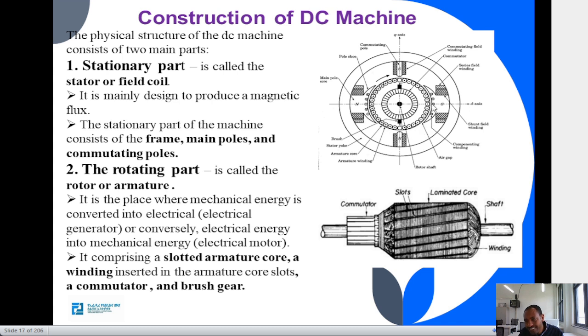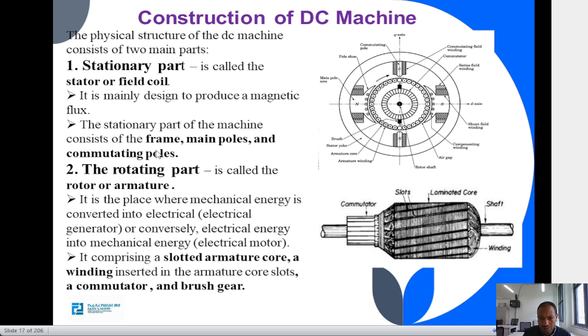the internal one is the other part of the machine, which I'll tell you about later on. The outer part we call the stator yoke. This part we call the pole, which is connected to the yoke, and the other windings are there. So this outer part of the machine, including the poles which are fixed to it, we call the stationary part of the machine.